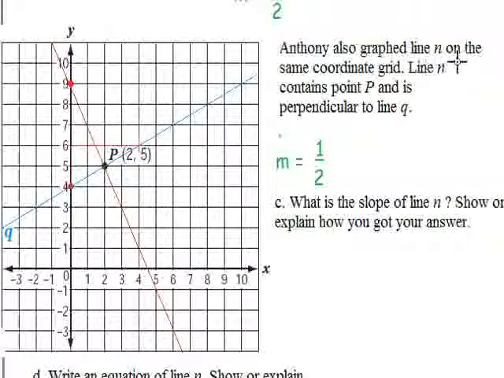Anthony also graphed a line N on the same coordinate grid. Line N contains point P and is perpendicular to line Q. Remember that perpendicular means line N meets line Q at a 90-degree angle. And you have to recall that the slope of any perpendicular line is the negative reciprocal of the original slope.